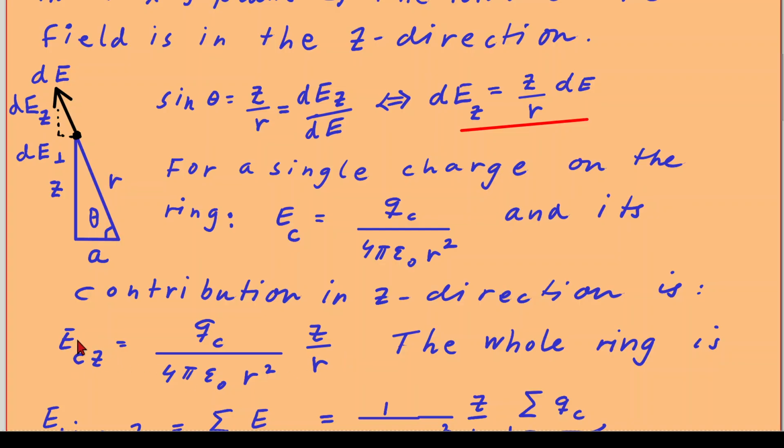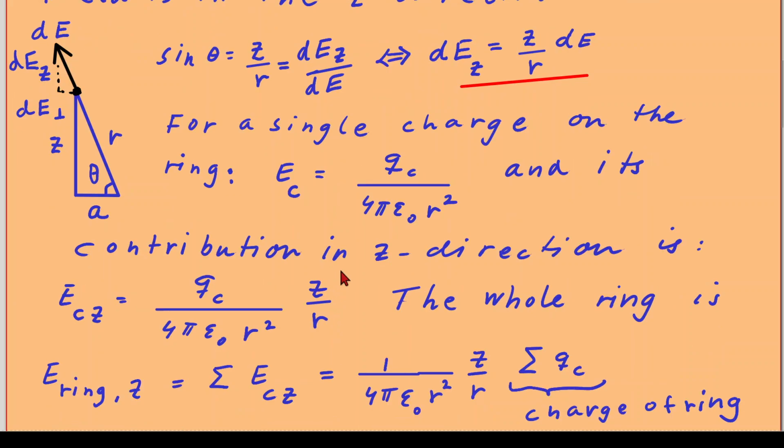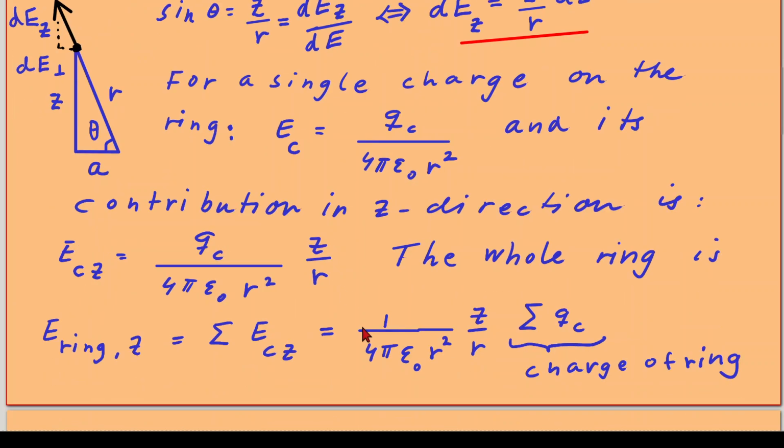So here you have the contribution in the z direction from one charge, but we are really interested in the whole ring, aren't we? So we will have to sum all those electric fields in the z direction. But all charges will have the distance r.